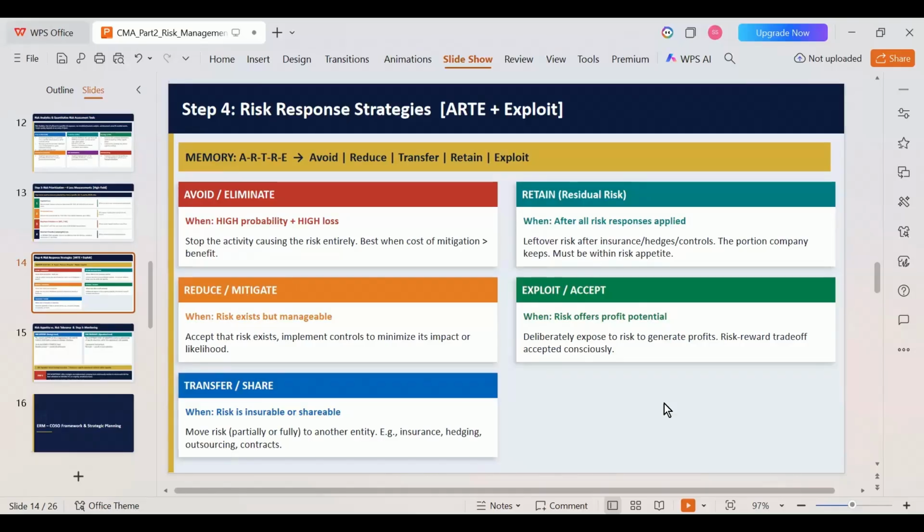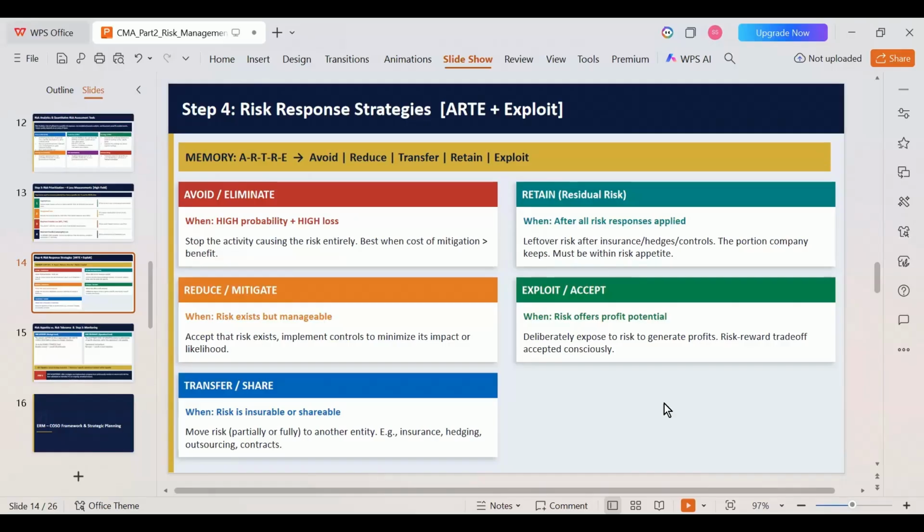Then comes the risk reduction strategy. Again in the firecrackers firm, in order to reduce the fire accident risks, we can install fire detection alarms and we can also take measures so that firecrackers don't explode in the firm.